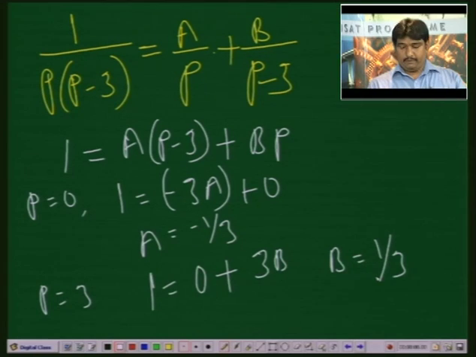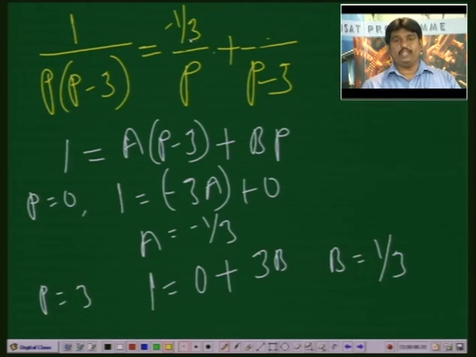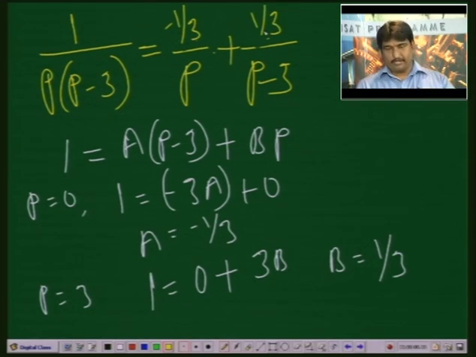So basically, in place of a we have minus 1 by 3, and in place of b we have plus 1 by 3. This is one technique.